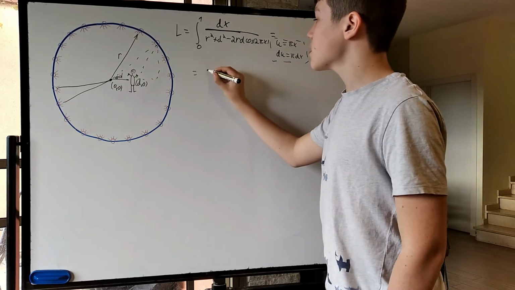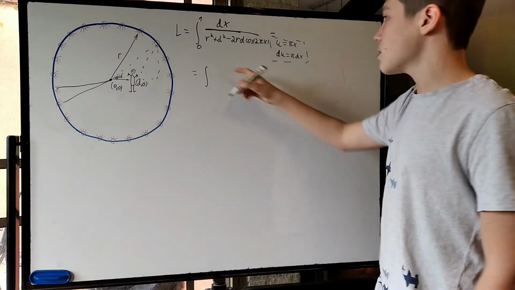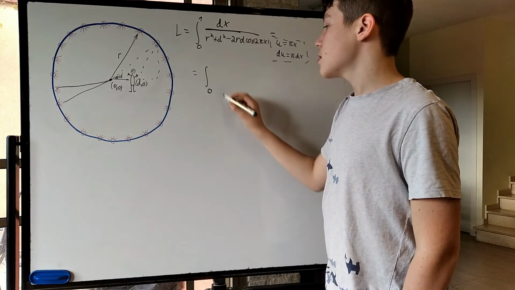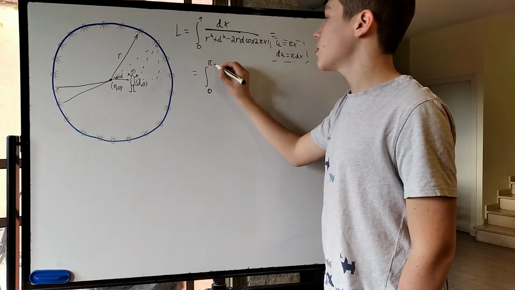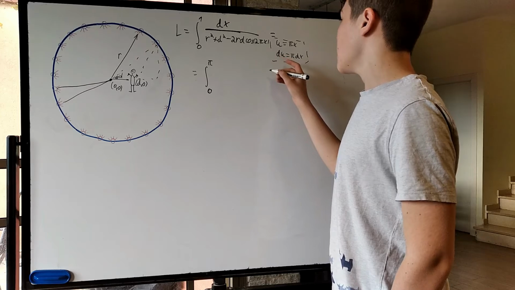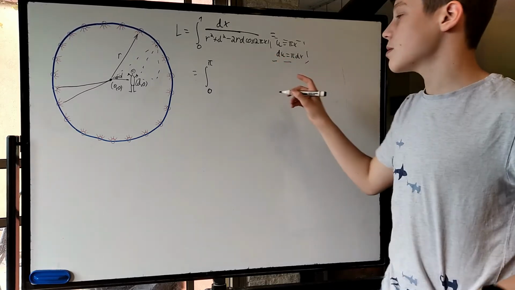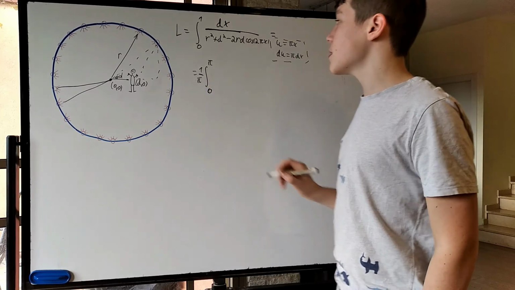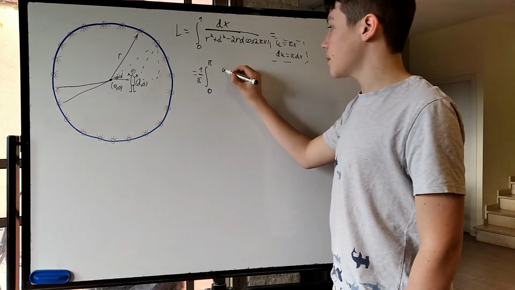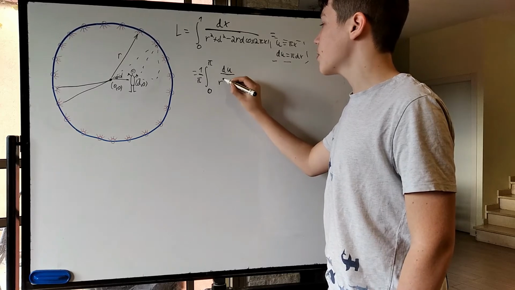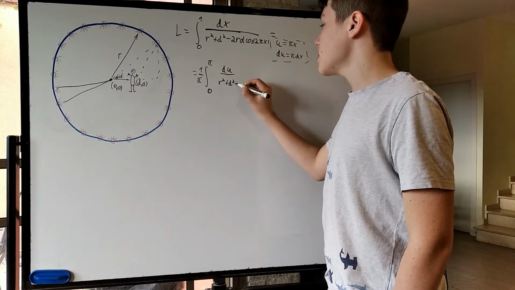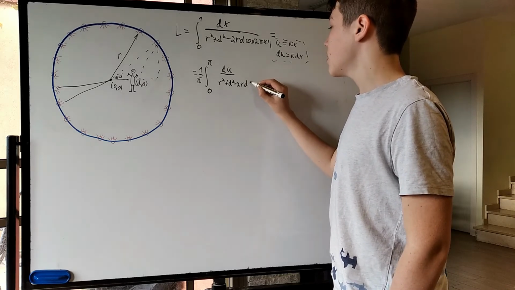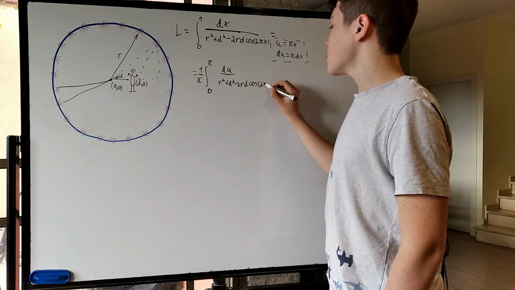It started at 0 and ended at 1, and we're just multiplying by pi, so this is going from 0 to pi. Now dx turns into du over pi, so I'll put the 1 over pi out of the integral, and I'm left with du over r squared plus d squared minus 2rd cosine 2u.